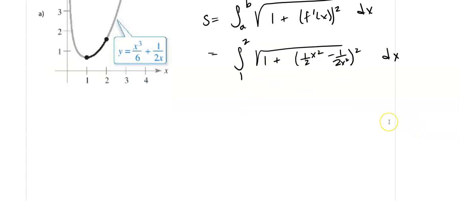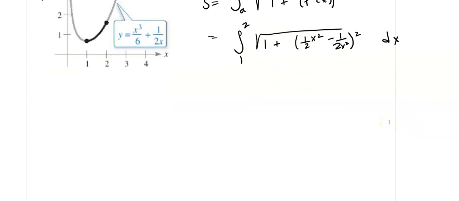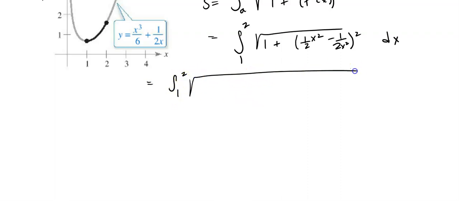And all it's going to take from here on out is some calculus and some algebra. So I'm going to go ahead and FOIL out what I need to FOIL out. So I'll have 1 plus 1/4 x to the 4th plus 2 times 1/2 x squared times negative 1 over 2x squared plus 1 over 4x to the 4th.